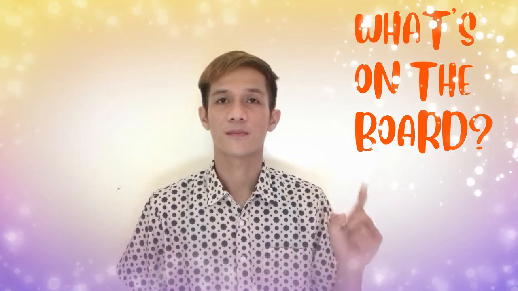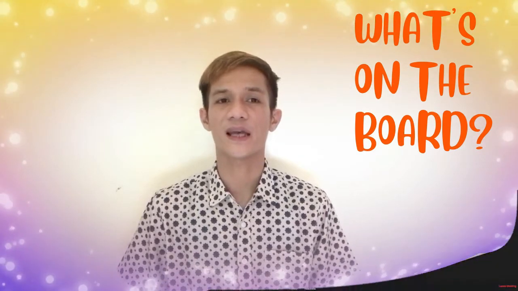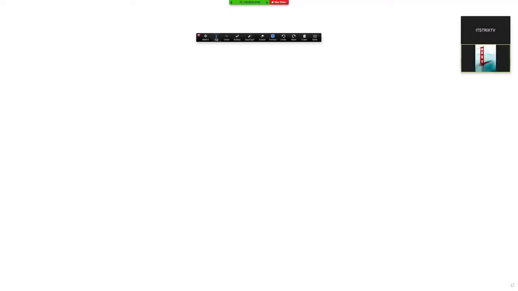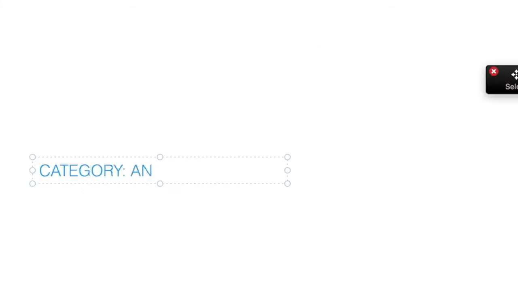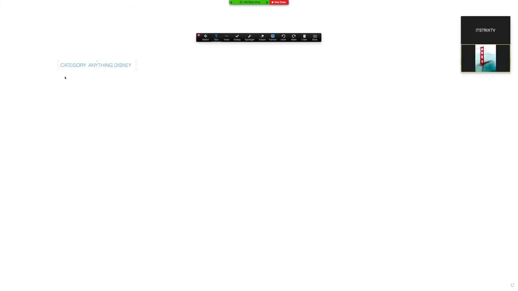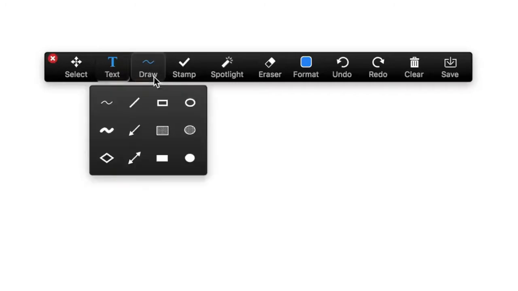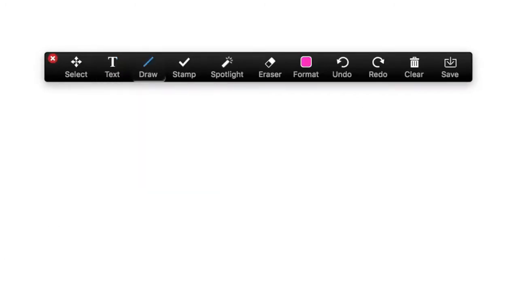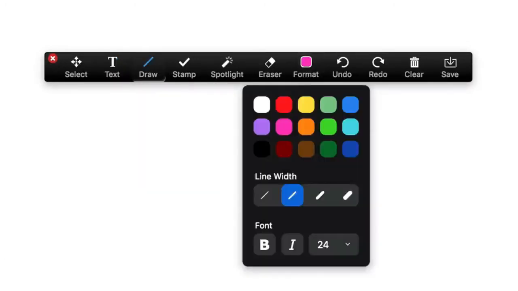And the fourth one is What's on the Board. For this game, we need again the Zoom whiteboard. Give a specific category of the word, then you will draw lines depending on how many letters your phrase has. So for example, the category is province in the Philippines and the word is Batangas. So it has 8 letters and you will draw 8 lines.